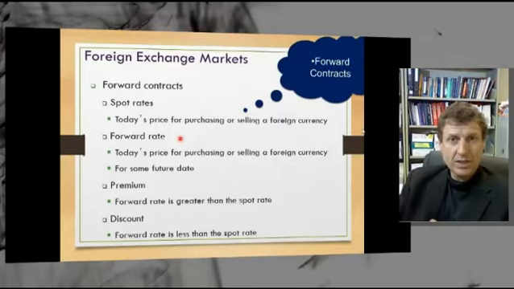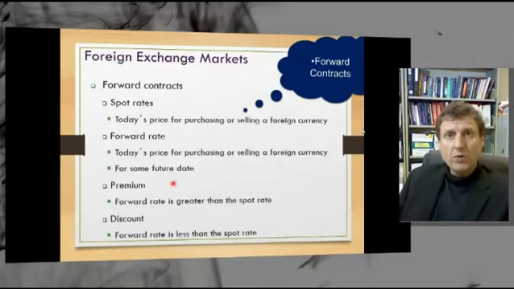For example, commodity prices, which affects a lot of Australia's exchange rate, or even the European Union, the growth of the different countries, which affects the strength of the euro. So often the forward rate may be at a premium to the spot rate, so therefore you can actually buy more currency in the future, or it may be at a discount, less than the spot rate, where it's actually less than the current rate today.